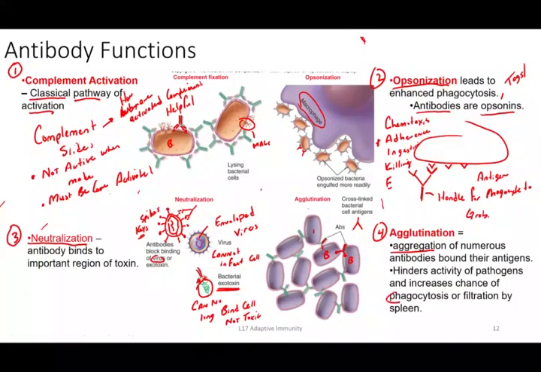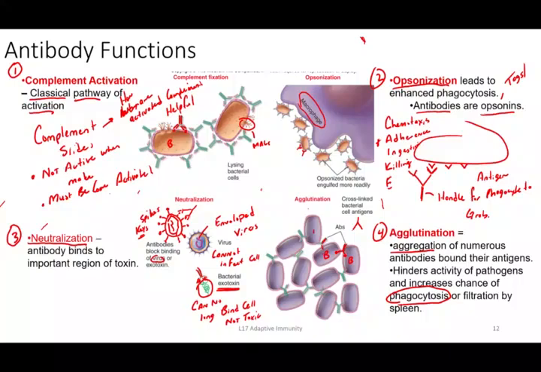And it also makes phagocytosis more efficient. And so the analogy that I like to use here is if you're sweeping up a room, it makes sense to sweep up different regions into nice little dirt piles that you can then use your dustpan to pick up.